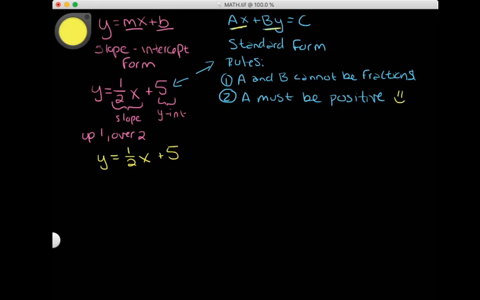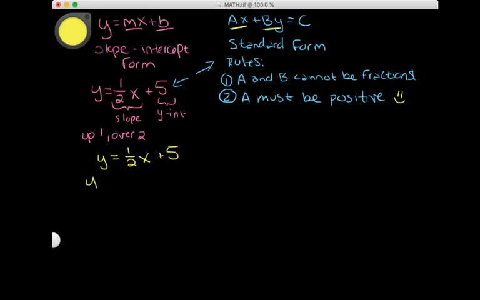But what we talked about in class is we can just think about this as moving it from one side to the other. When it passes the equals sign, it's like a little machine that changes the sign. So a positive 1 over 2x becomes a negative 1 over 2x.